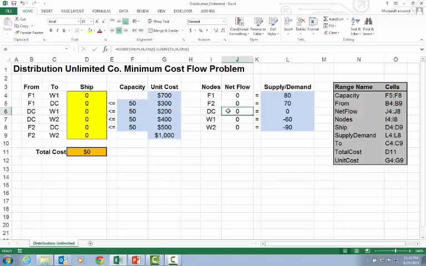And probably the easiest one to start with would be this one right here, the distribution center. So what we know is that, again, the sum of the amount going out of the distribution center minus the sum of the amount going into the distribution center must equal 0. That's that conservation of flow.